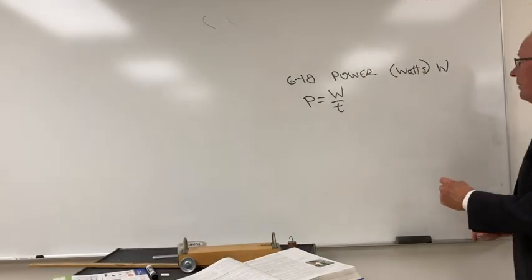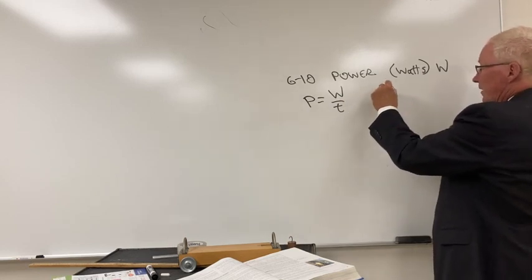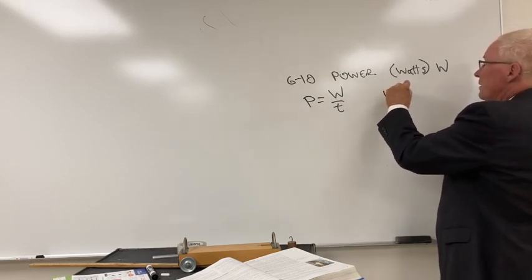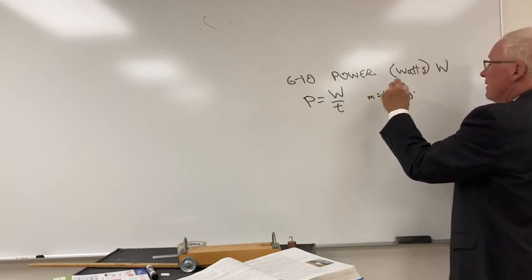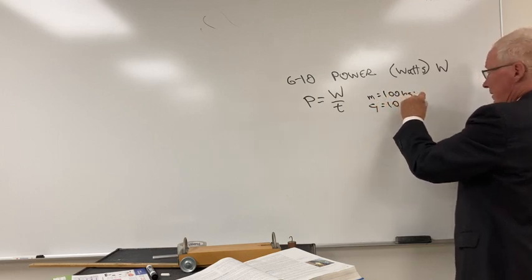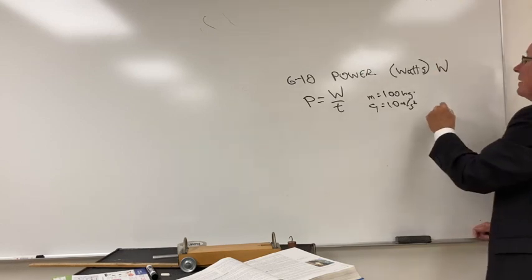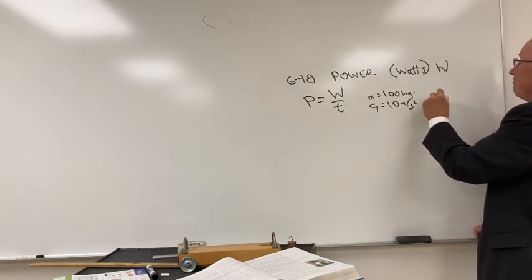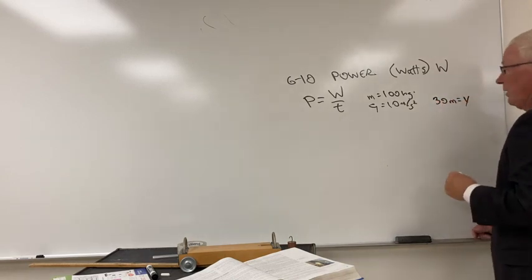So say you climb. You weigh 100 kilograms, your mass. And g is 10 meters per second squared. And you climb up 30 meters is how high you are.